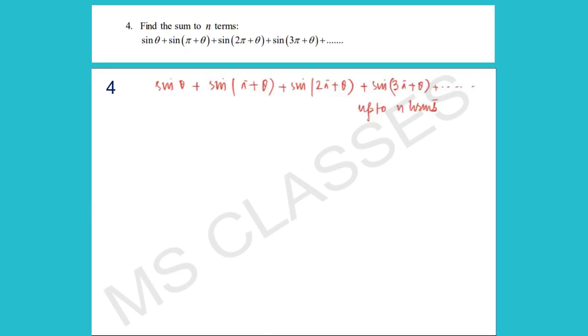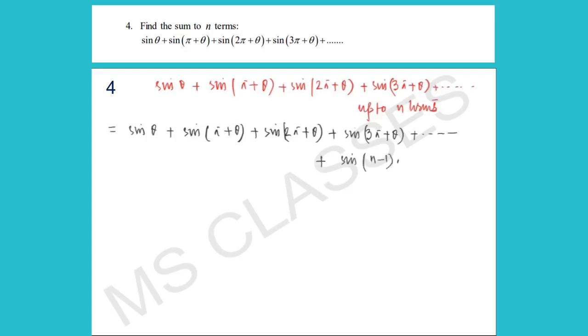First of all, you can do one thing. We can write this one as a simplified expression. How? It is sin theta, sin pi plus theta, sin 2 pi plus theta, sin 3 pi plus theta, plus sin n minus 1 pi plus theta.